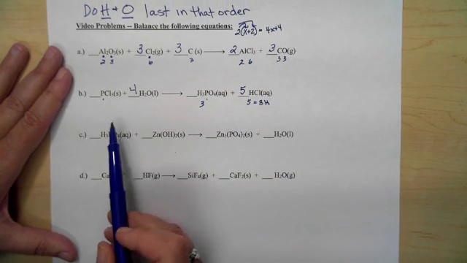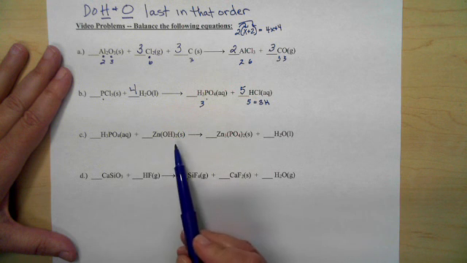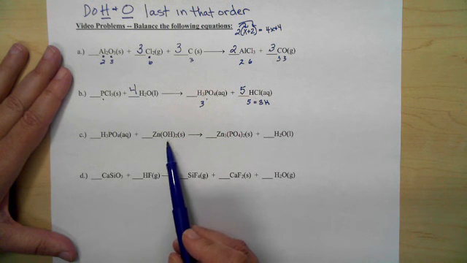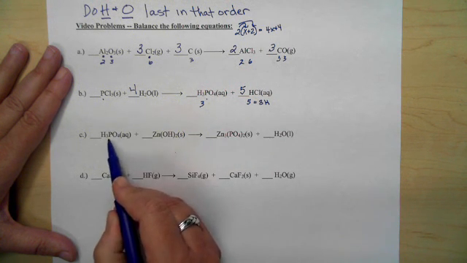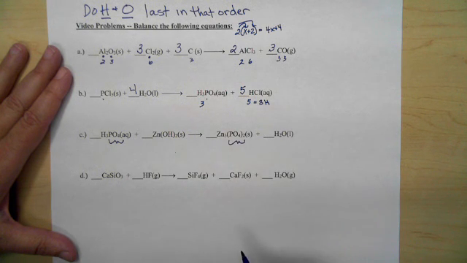The next one is phosphoric acid with zinc hydroxide, and if you'll notice, this is the phosphate ion and this is the phosphate ion. So if we want to leave it alone and not separate it out, we can't double count the oxygens, and we only count the phosphoruses with the ions.